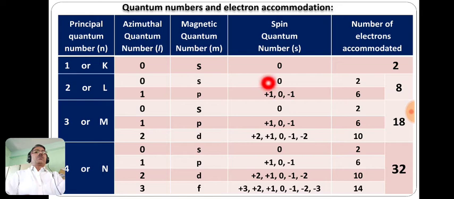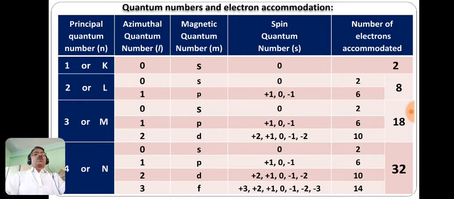So there are two electrons in this subshell. In the p subshell there are 6 electrons, as the magnetic quantum number has 3 values, +1, 0 and -1. Each one has two possibilities of spinning, clockwise and anti-clockwise, that is +1/2 and -1/2, so 2 plus 2 plus 2. So there are 6 electrons in the p subshell. So 2 plus 6, that is 8 electrons, are accommodated in the second energy level, n equals 2.